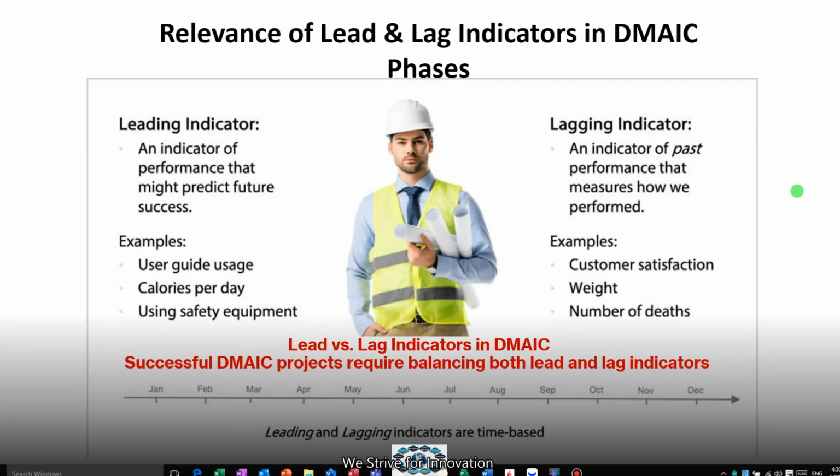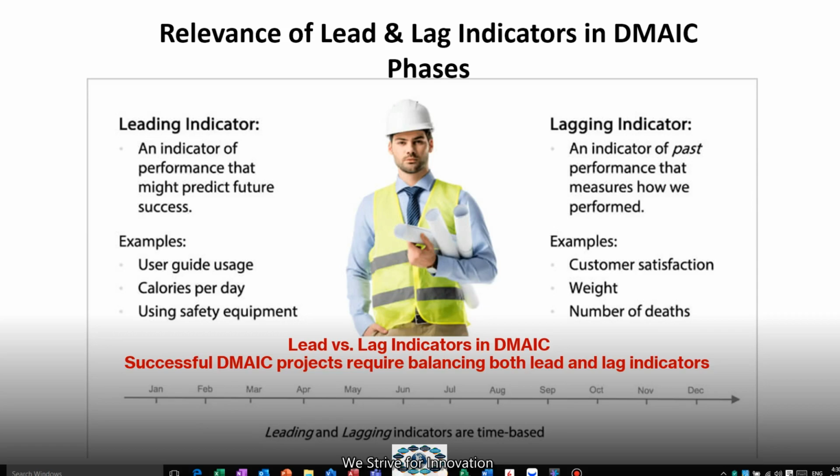As you can see, a successful project requires balancing both the lead and the lag indicators, to not only measure outcomes but also to effectively manage and guide ongoing processes.